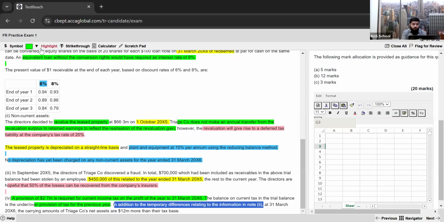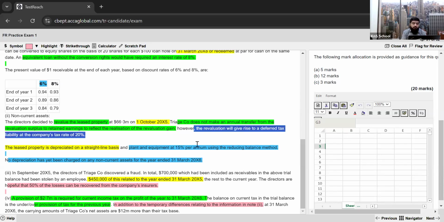Wait. Note 2. What was in that note 2? Okay, let's go back to note 2. In note 2, there was a revaluation. And here it states that revaluation will give rise to deferred tax, which means there will be a taxable temporary difference because of the revaluation.